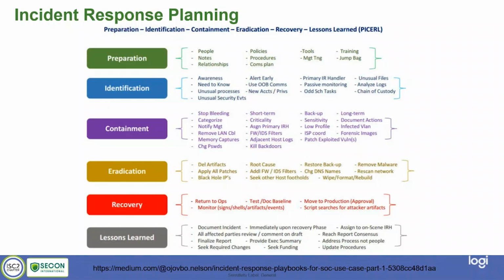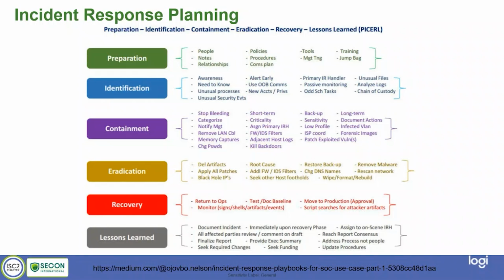Once the incident is confirmed, the focus shifts to containing the threat to prevent further damage. This can involve isolating affected systems and implementing temporary fixes. After containment comes eradication, where the root cause of the incident is identified and removed.